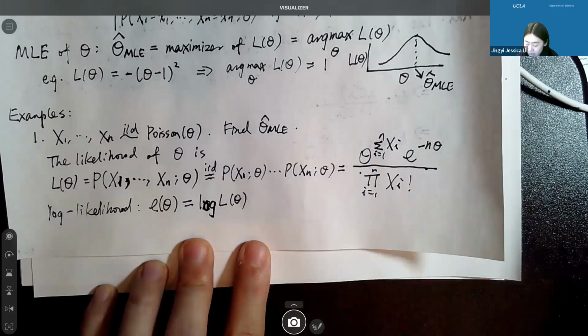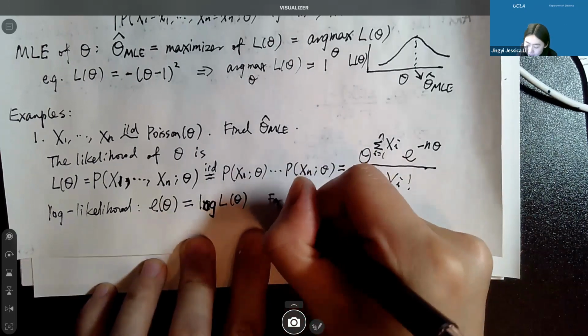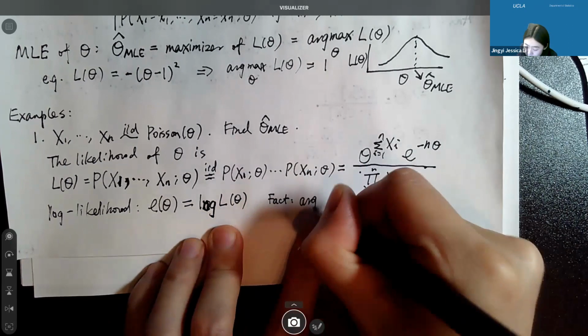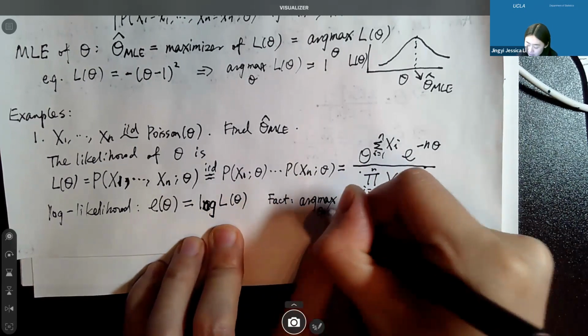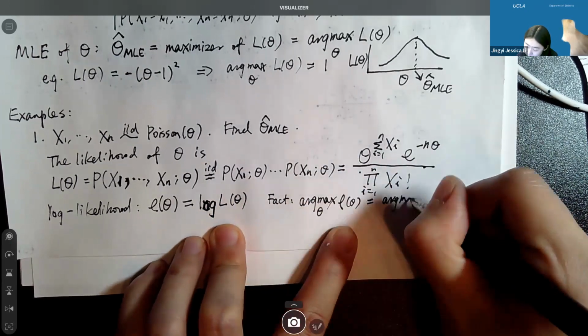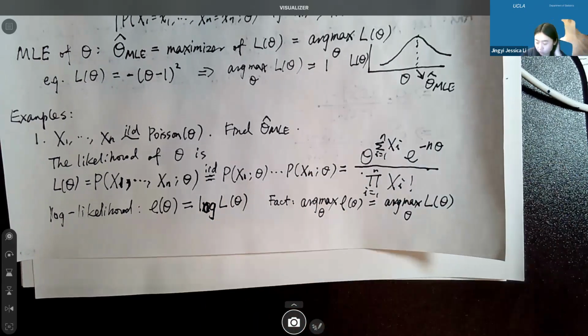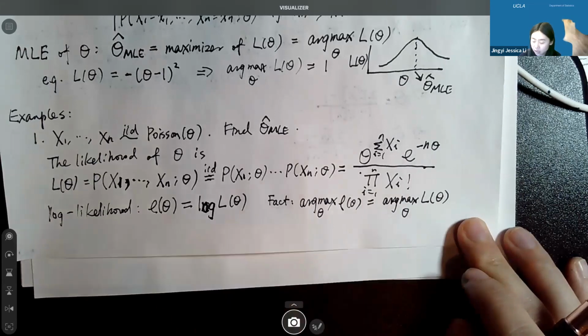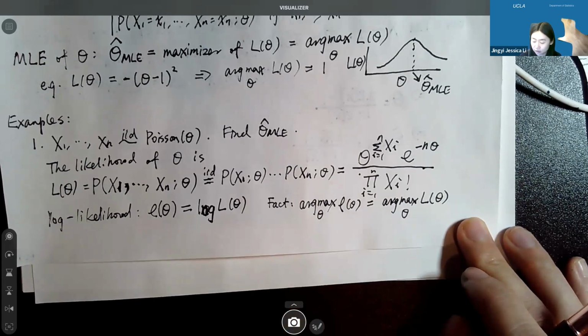That's the reason. And the fact is that the argmax of this log likelihood function is the same as the argmax of the likelihood function, because the log transformation is monotone increasing, so it doesn't change the maximizer. Therefore, since our goal is just to find a maximizer, we could just maximize the log likelihood instead of the likelihood for simplicity.